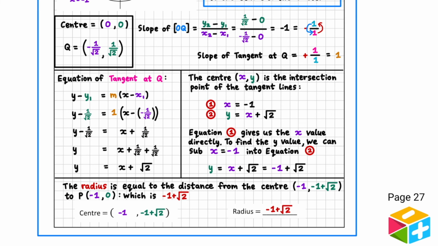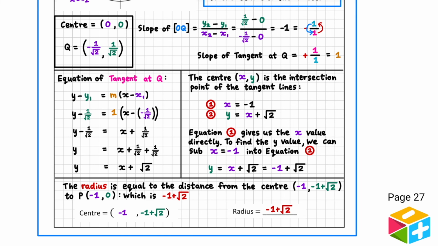We're now ready to find the equation of the tangent line at Q. To do this, we'll use the formula y minus y1 is equal to m times x minus x1. Here, m is the slope, and we found that the slope of this line is 1. The x1 and y1 refer to a point on the line, and here we can use the point Q. This has an x-coordinate of minus 1 over root 2 and a y-coordinate of 1 over root 2.